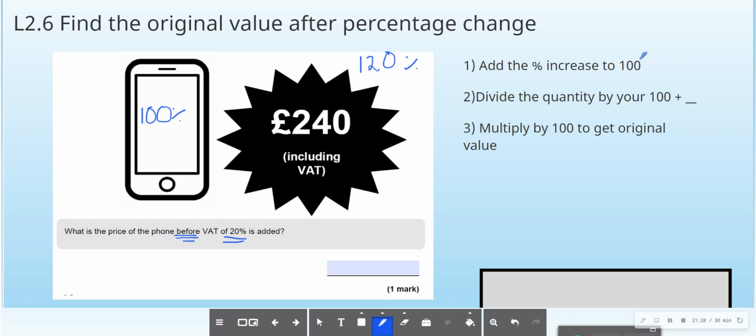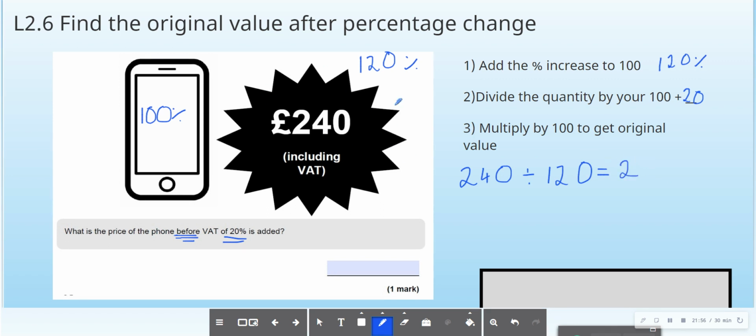So we need to try and get back to this 100%. To do that, we add the percentage increase to 100. So it's 20% increase. So we add that to 100, gives us 120%. We divide the quantity by your 100 plus 20. So the quantity, which currently that's the price, so it's 240 divided by 120, which is 2.